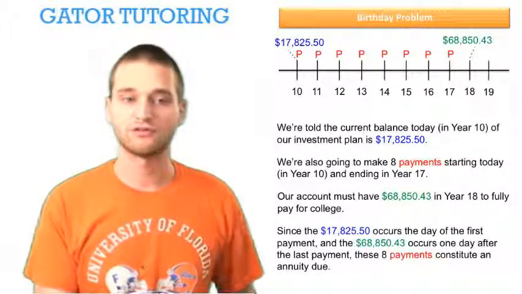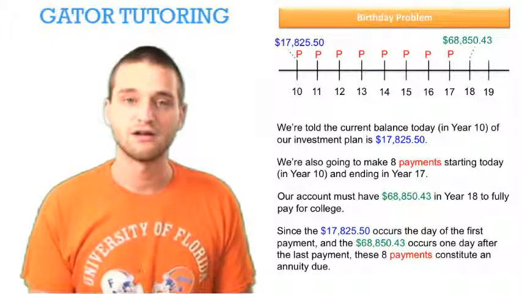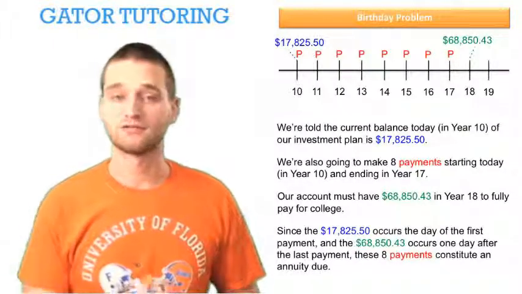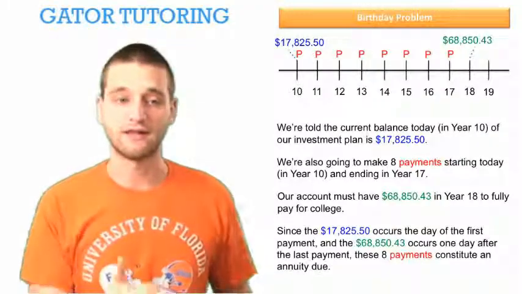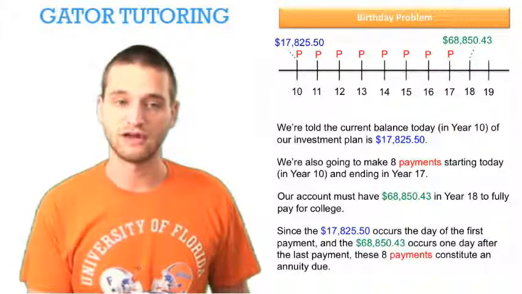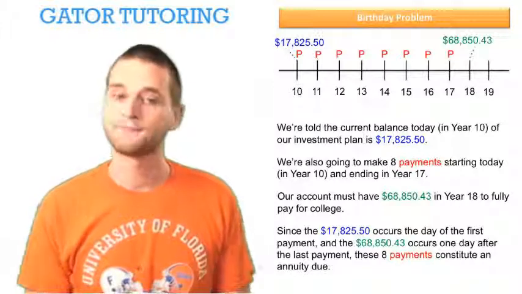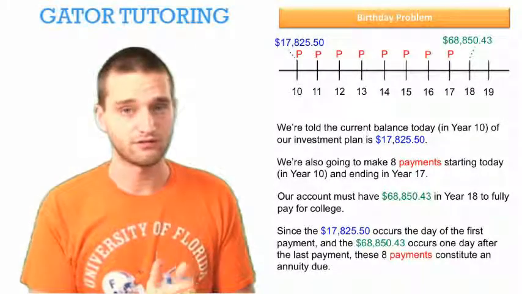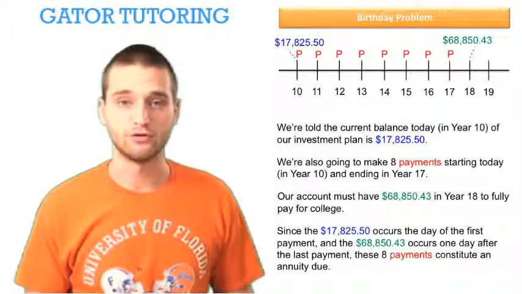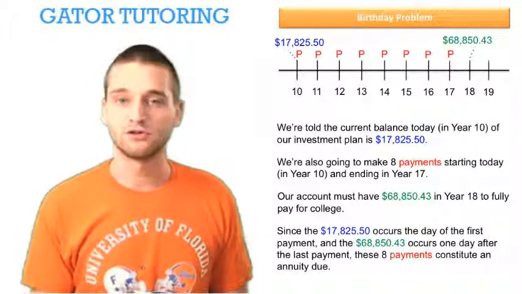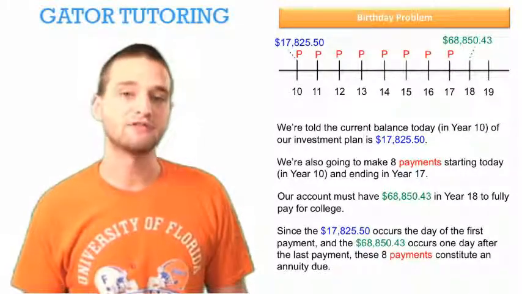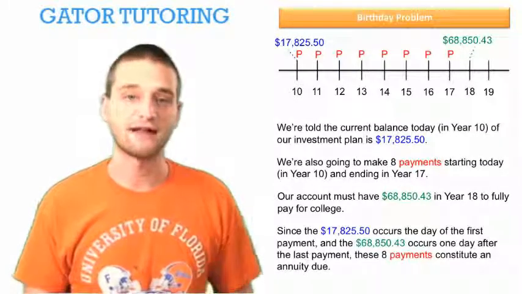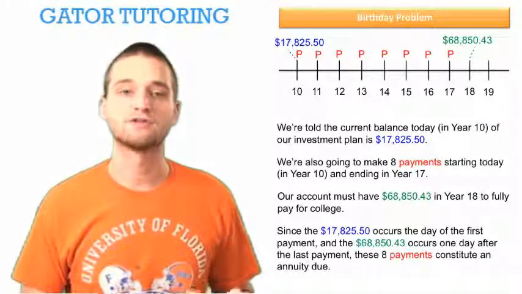So we can see, since the first payment begins in 10, when you consider the present under an annuity due, the present value is going to be in that period 10, and that's good because we have that $17,825 in period 10. And the future value, if we were to put this annuity into our calculator and calculate the future value of an annuity due, the last period, the future value, is going to be one period after the last payment. And we can see the $68,000 is one period after the last payment. So this is good. All of our cash flows are lined up.